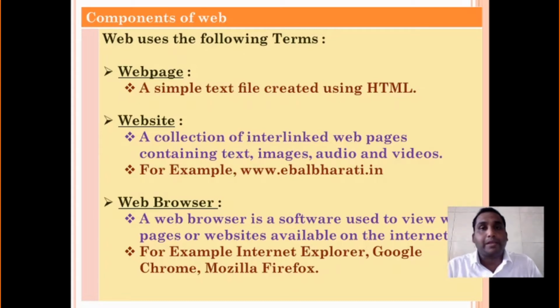When you design a web page in Notepad which consists of HTML language, the output of that HTML code you see in a web browser, and hence a web browser is very much necessary to view the web pages. A web browser is a software. It is a normal application, used to view web pages or websites which are available on the internet.